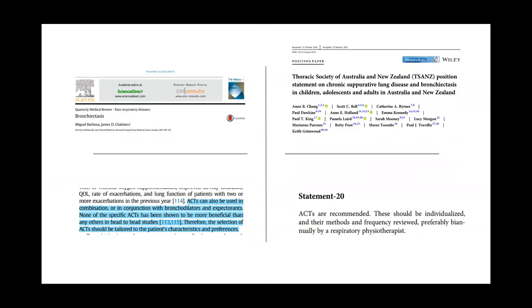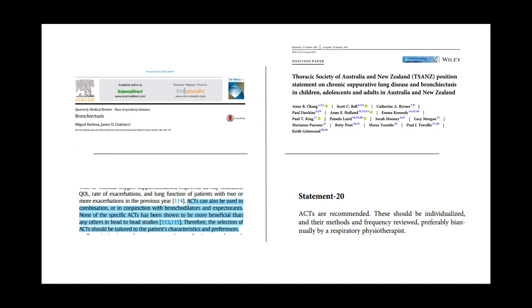If we move on to bronchiectasis, again, there are 2 recent reviews. The first one stated that airway clearance techniques can be used in conjunction with bronchodilators and expectorants. But again, no specific airway clearance technique has been shown to be more beneficial than the others in head-to-head studies. The Thoracic Society of Australia and New Zealand in Statement 20 recommends airway clearance techniques.